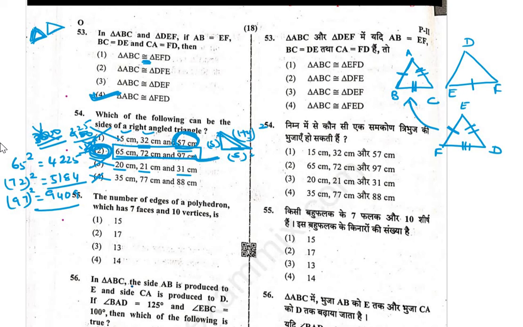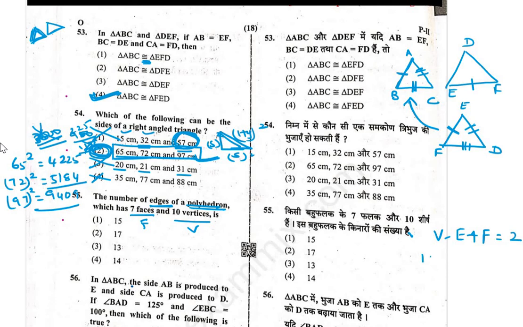The number of edges of the polyhedron. Edges we have to find. Faces and vertices are given. What is the formula relating edges, vertices and faces? You know the formula, Euler's formula: V minus E plus F equal to 2.